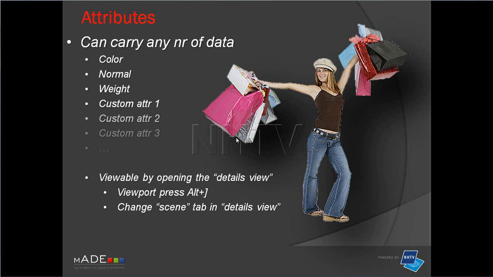Now give me an example of what kind of attribute could be useful. For example, you could create a distance attribute. You give it the name distance, just to make it easy for you to remember what the value inside of it means. Now, if you have a set of points over a surface, for example a road floating over a surface, made out of several points, you can measure the distance towards the ground.